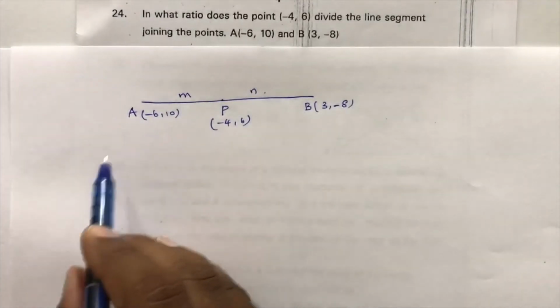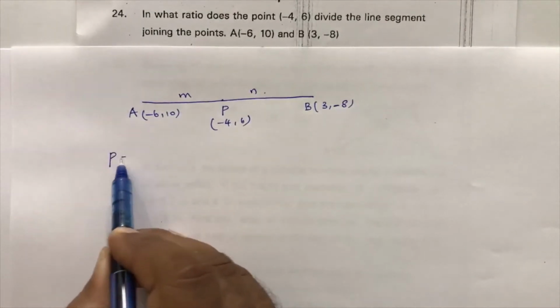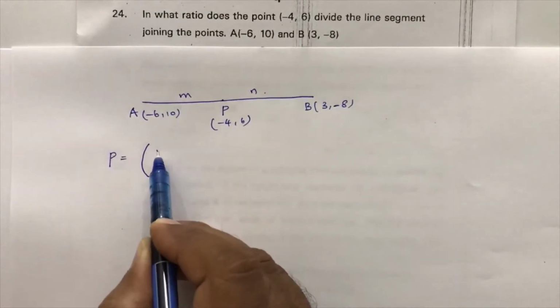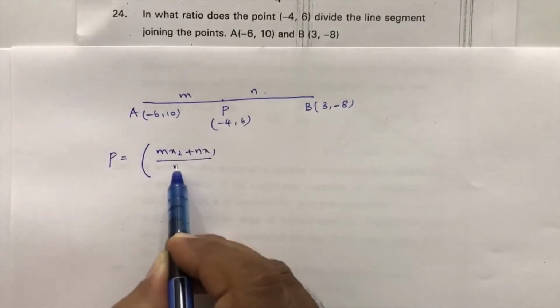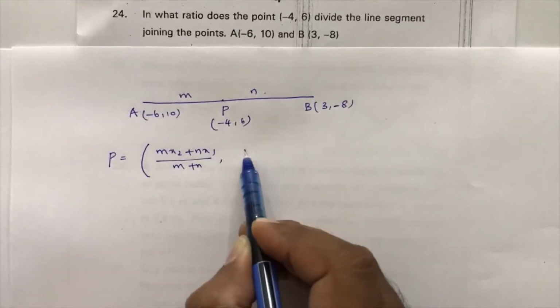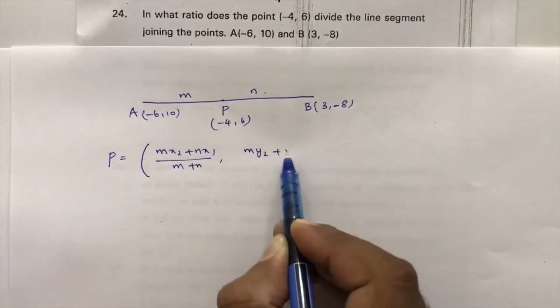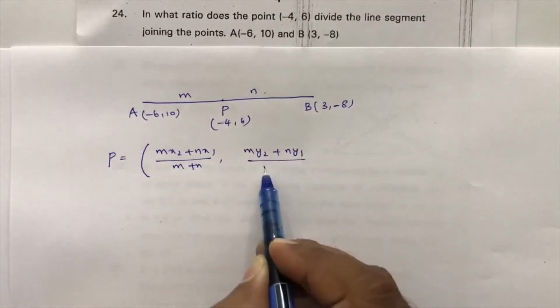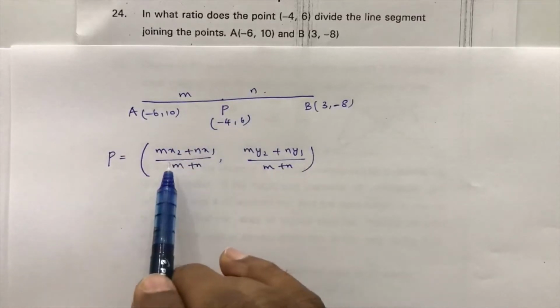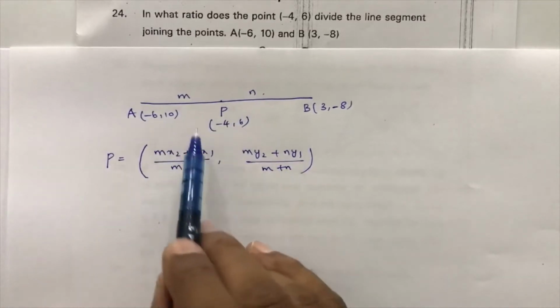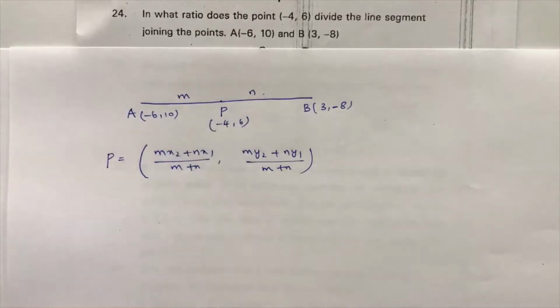Now for the point P, the section formula is mx2 plus nx1 by m plus n, my2 plus ny1 by m plus n. You can take mn or m1, m2. Here I'm taking the ratio m is to n.